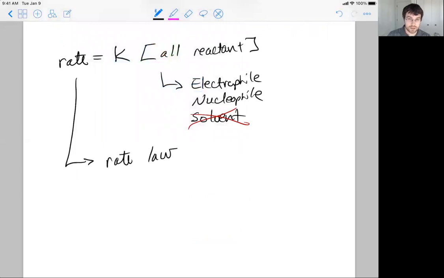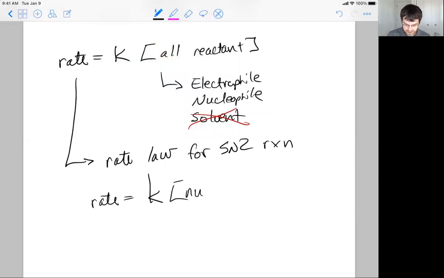Now, what this means for the rate law is that the rate law is just rate equals some reaction rate constant k times the concentration of some stuff. So the rate law for the SN2 reaction, and I need to do a better job of making sure that my k is a little k, is k times the nucleophile times the electrophile, both as concentrations.